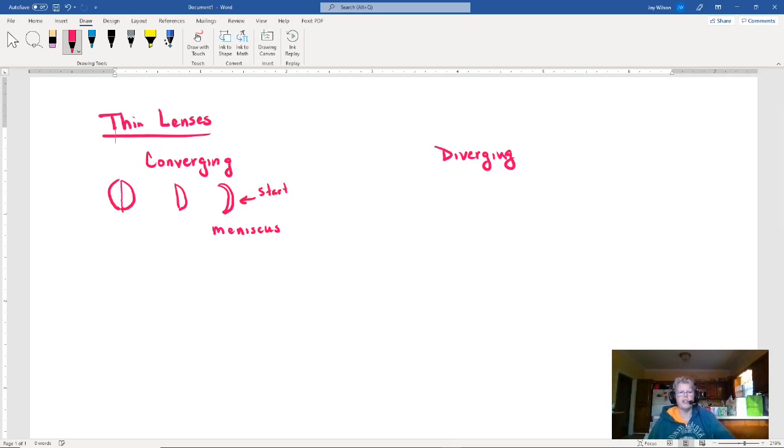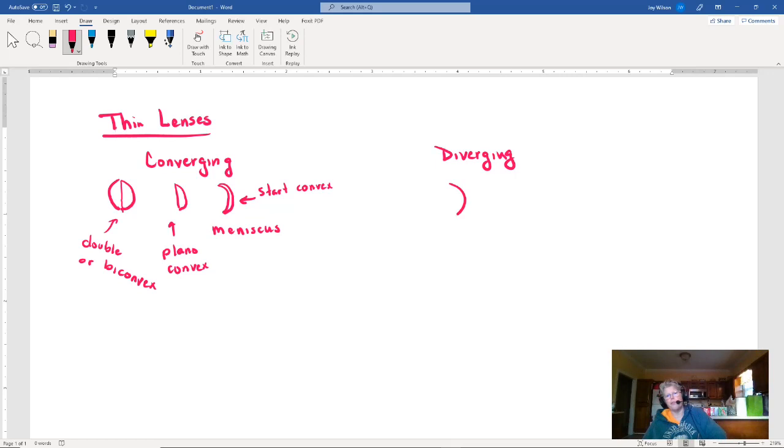You start on the convex side. This is called plano convex. Flat on one side, convex on the other. And this is a double convex. Double or biconvex lens. Okay, the diverging lenses are going to be your concaves.